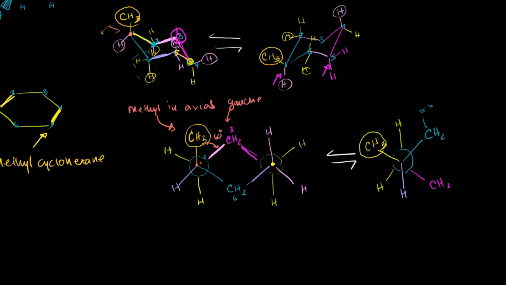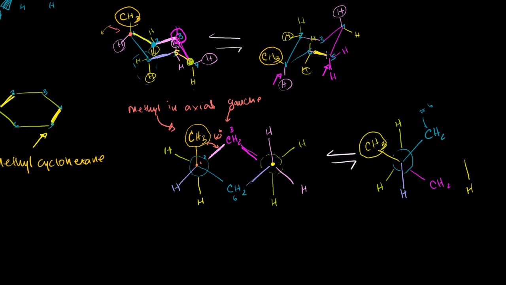So if we look straight on carbon number 5, we have a hydrogen in the axial position coming straight down. Carbon number 5 is bonded to carbon number 6, which is right over there. So let me make it very clear.